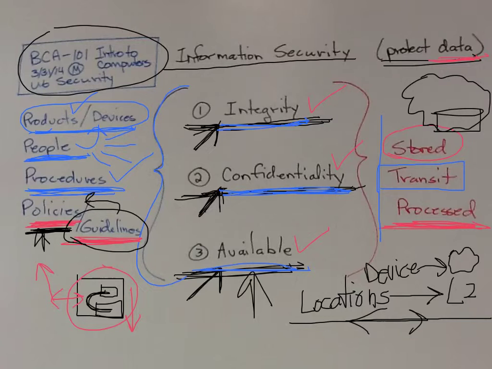You should be careful in terms of what you click on in emails. It isn't that you can't click on something, you just have to be careful about how you do it. So we have guidelines and policies. The procedures help us put them in place. People have to actually do them. And we have all kinds of tools to help us do those things.